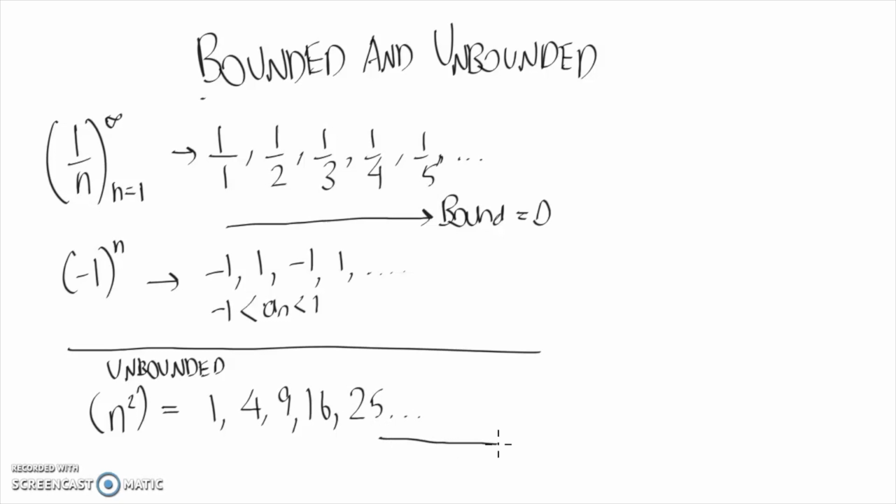So the value keeps getting bigger and bigger, approaching positive infinity. So we don't see any known bound inside. There's no boundary at which this sequence will stop. So as these values keep going up and up, they're obviously unbounded. So that's the first thing I wanted to talk about.